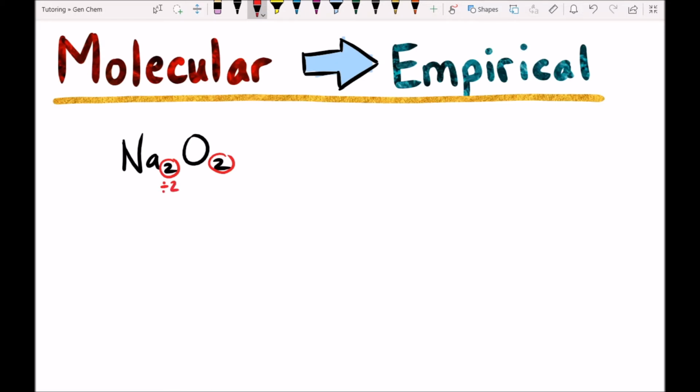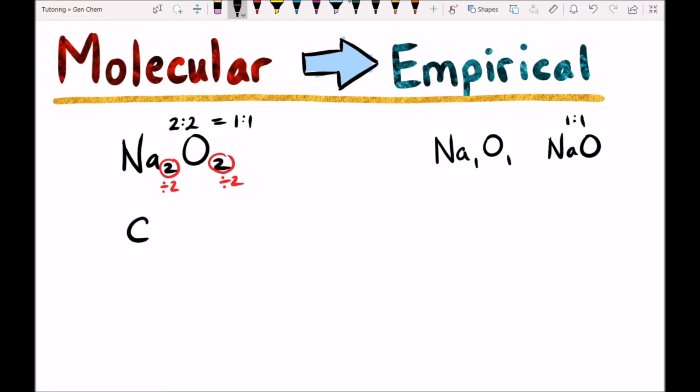So we divide each subscript by 2, and our empirical formula becomes Na1O1. So NaO. We're reducing all the subscripts down as far as possible while maintaining the ratio. Here the ratio is 2 to 2, which can be reduced down to 1 to 1. And notice we maintain that 1 to 1 ratio in the empirical formula.